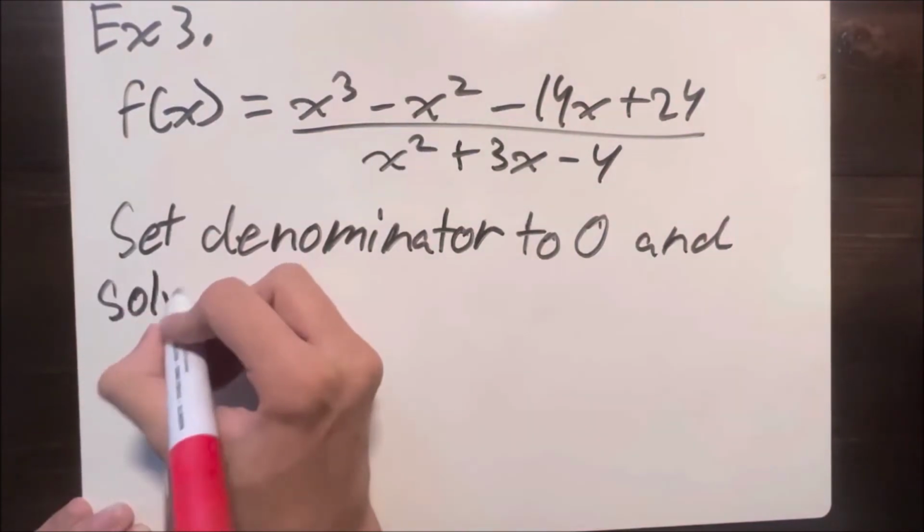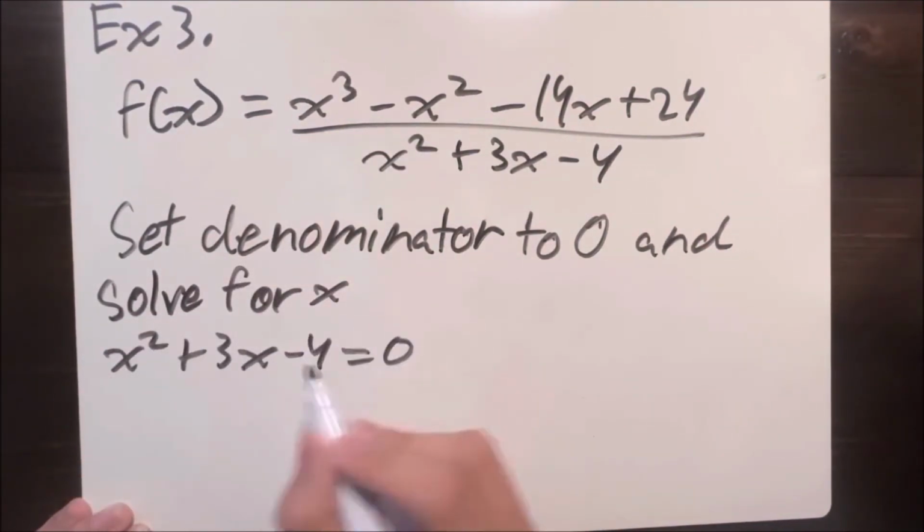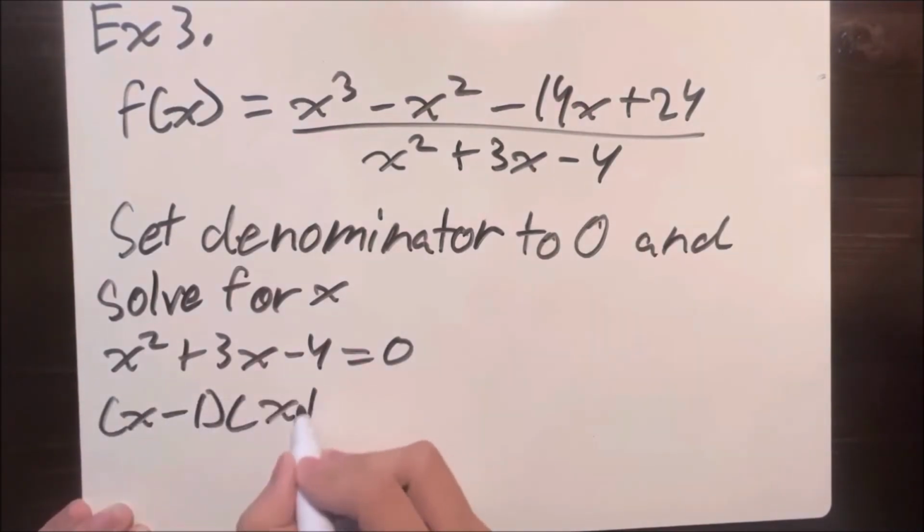If we set the denominator equal to 0, then factor and solve for x, we find that the zeros are x equals -4 and x equals 1.